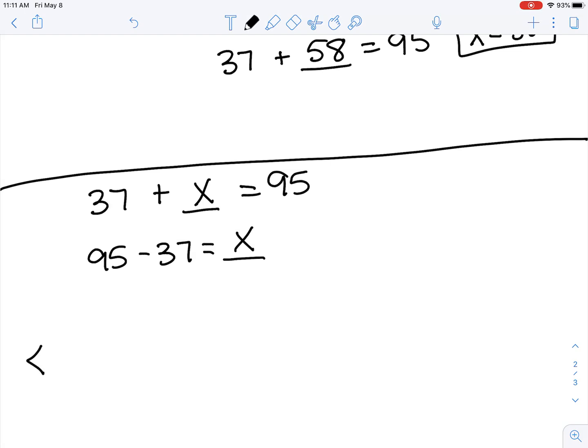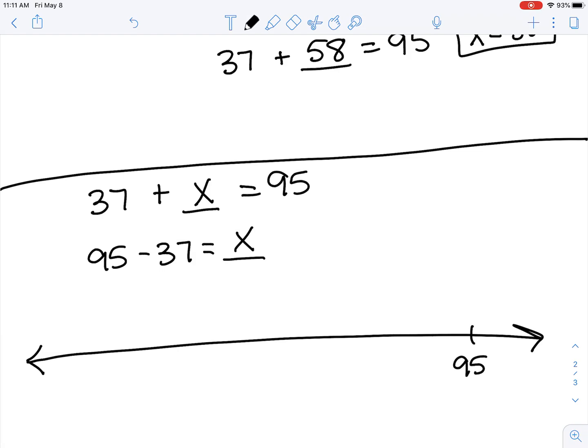So again, if you're doing this in a number line, here's a key. You always still want to put the larger number on the right-hand side. That is so important because on a number line, it's just like when you read left to right, the smaller numbers will always go on the left and they will always get larger as you move to the right. So you never want to start the larger number on this side.